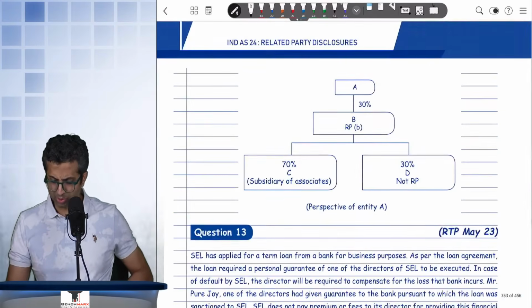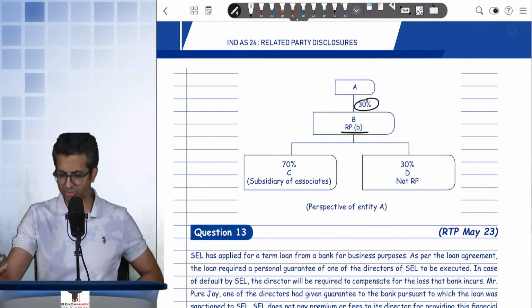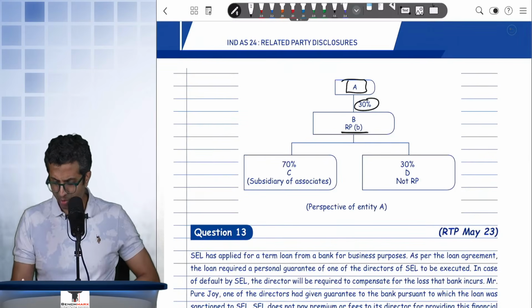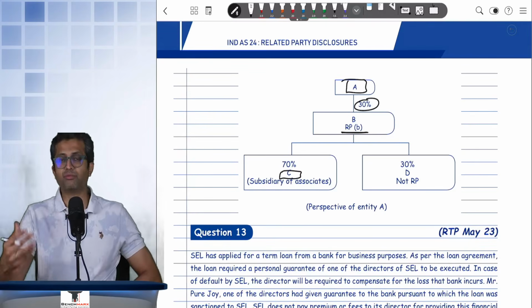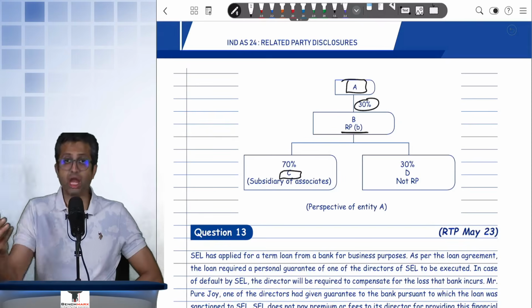Now, if I look at the group structure over here, there's A holding 30% of B. So B is definitely a related party for A under clause B because it is an associate of the reporting entity. However, when I look at C, C is a subsidiary of B. Remember, the word associate includes subsidiaries of associates. So B and C are treated as one and the same.